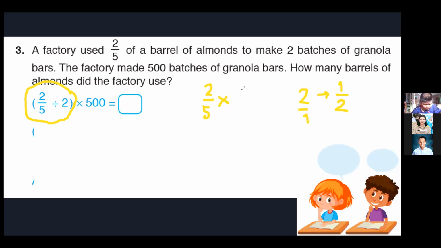Okay, so 2/5 times 1/2. After you get this, 2 times 1, 5 times 2, or you can cancel this. What is left? You will just have 1/5 times 500. You can easily get the answer. What is 1/5 times 500? That's the answer now. Okay, I'll give you 2 minutes.